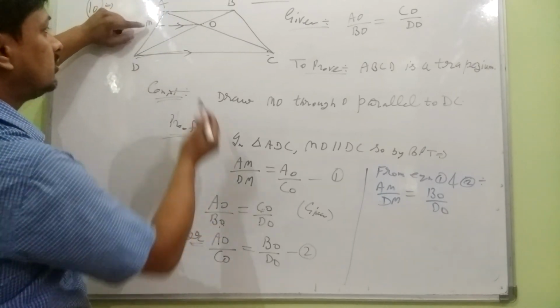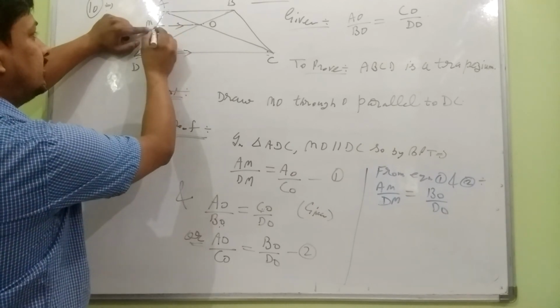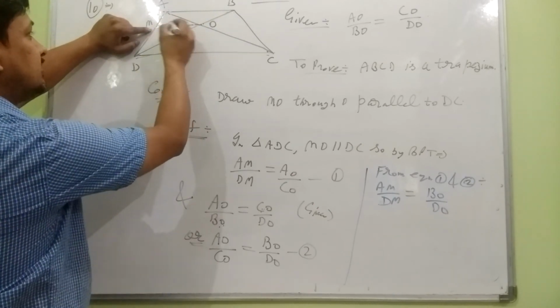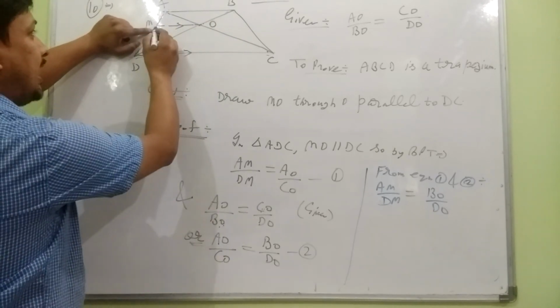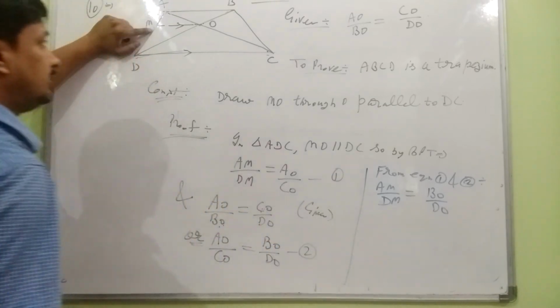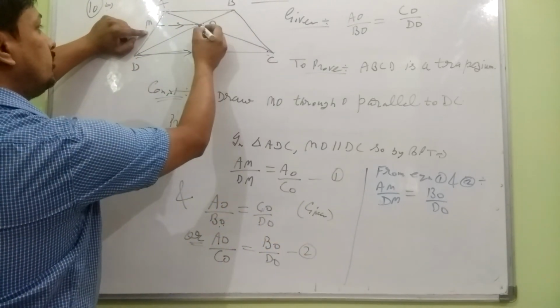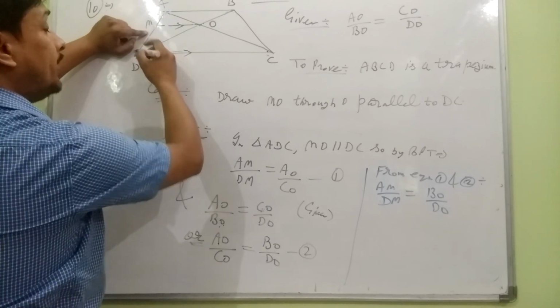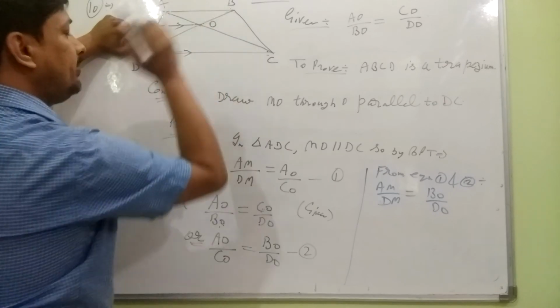So by converse of BPT, which is the line dividing these sides in these ratios? MO is the line which is responsible for dividing in this way. So AM upon MD is equal to BO upon DO. So by converse of BPT, you can say MO is parallel to AB.